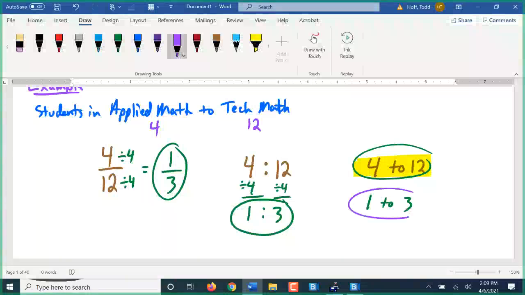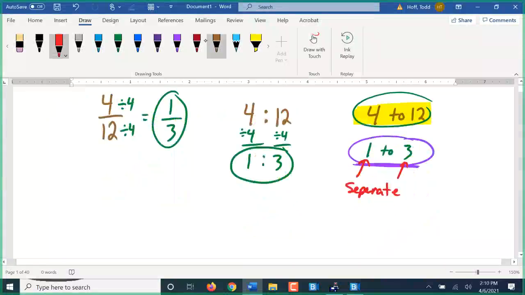Now, I mentioned the way this is worded, 1 to 3, implies some things. It implies that these two things are separate. Now, that might be implied. You might think, well, that's assumed, but not necessarily.